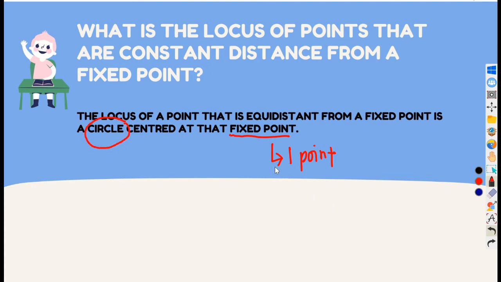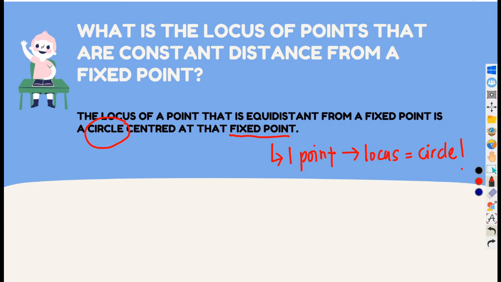The locus here is the circle. So a fixed point means one point, and the locus that you need to draw is a circle.